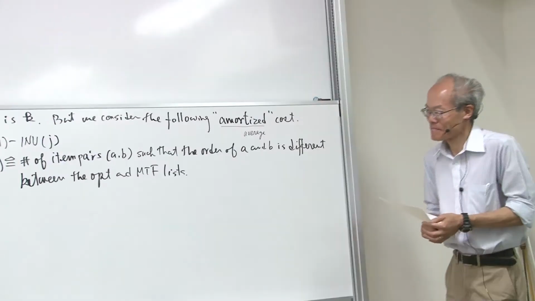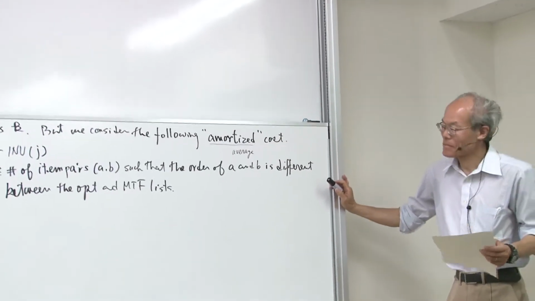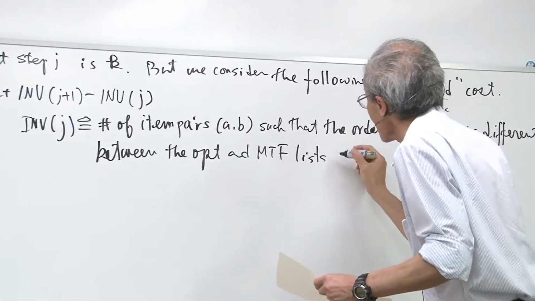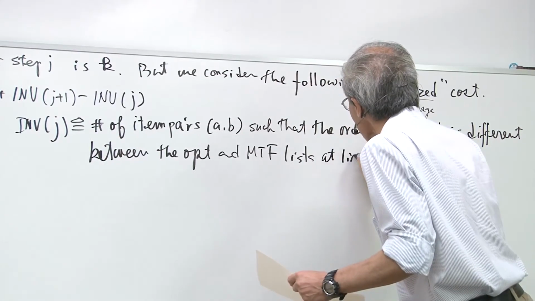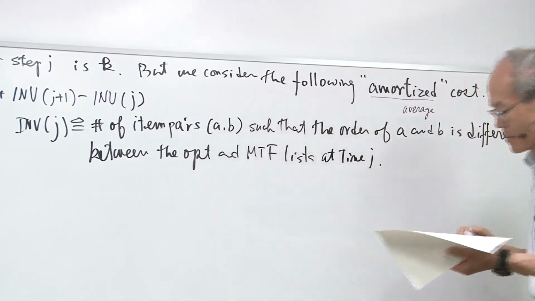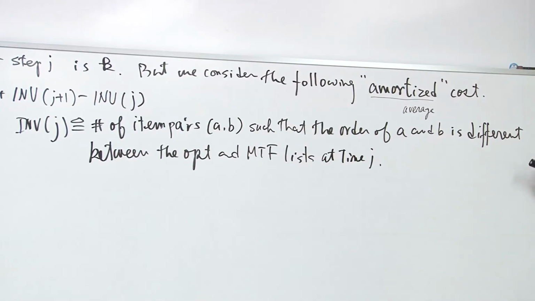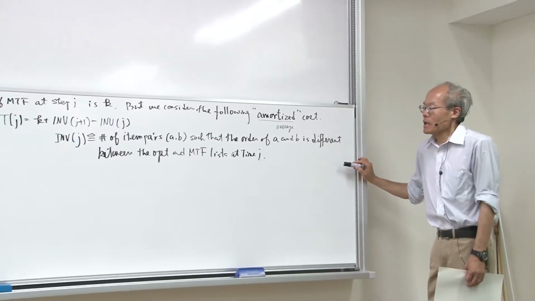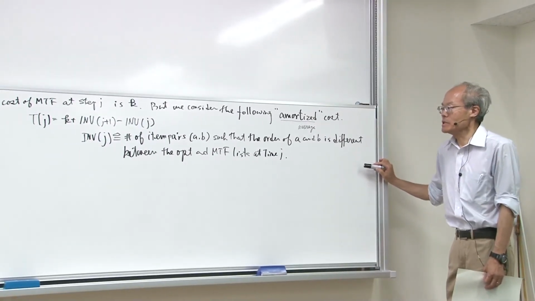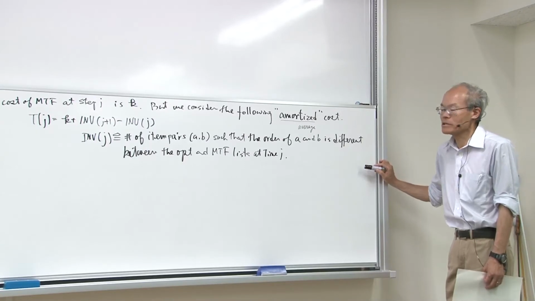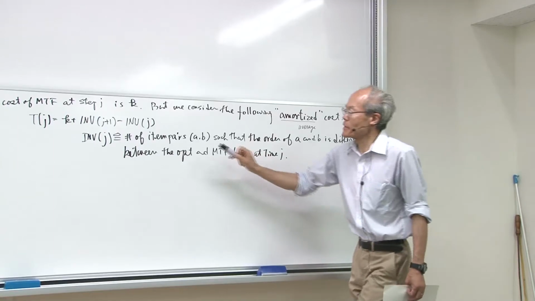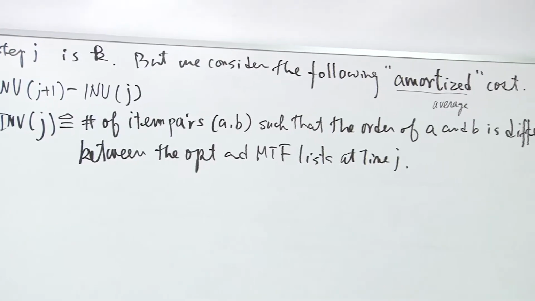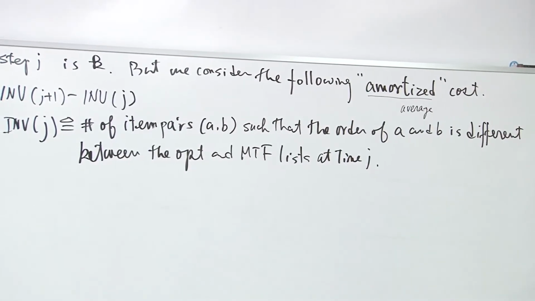Very important: inverse J. It's an important notion. Inverse J is defined as the number of item pairs A, B such that the order is different in the two lists.